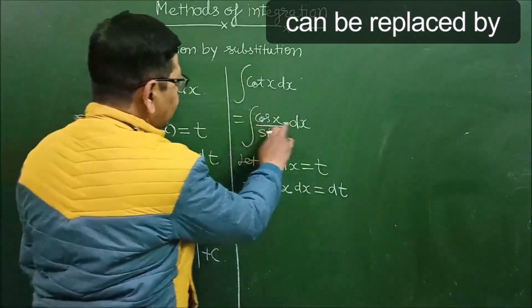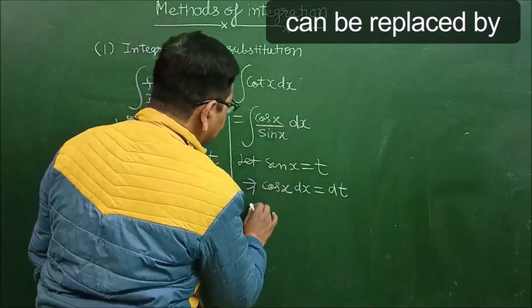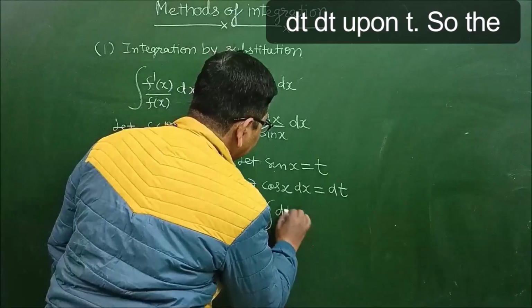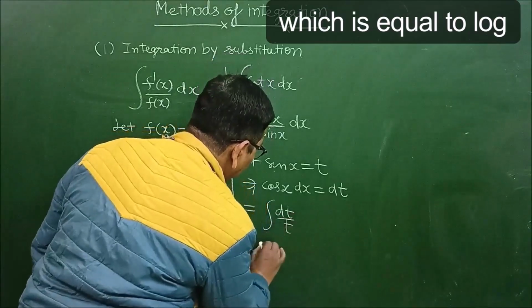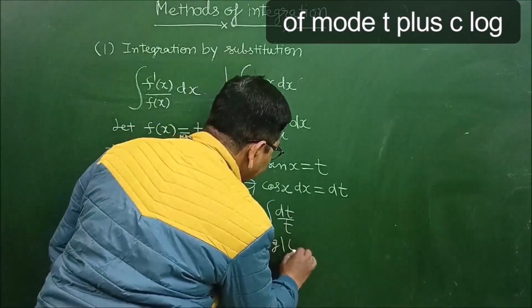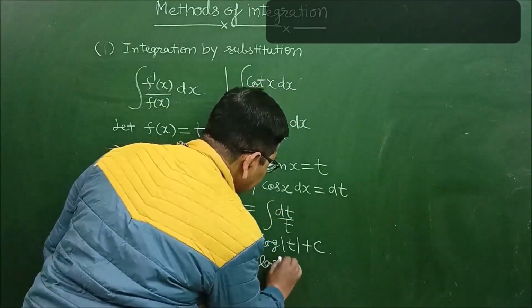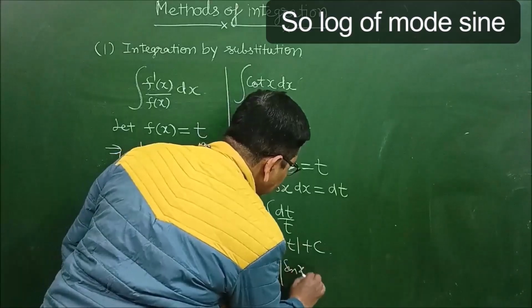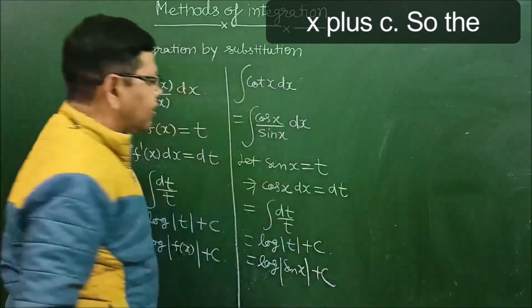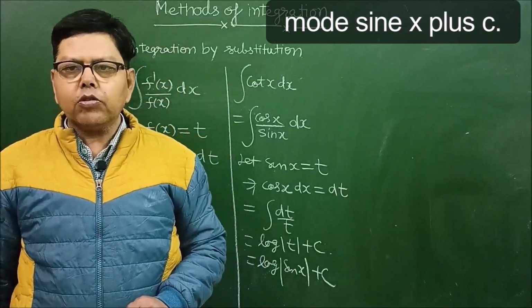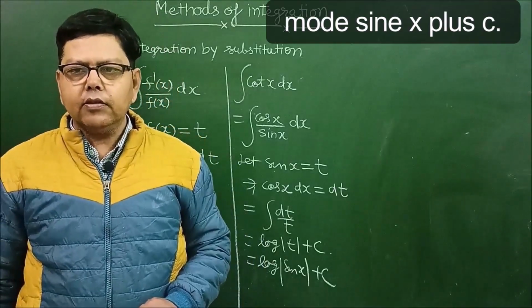Now cos x dx can be replaced by dt upon t, which is equal to log of mod t plus c. Log of t is sin x, so log of mod sin x plus c. So the integration of cot x is equal to log of mod sin x plus c.